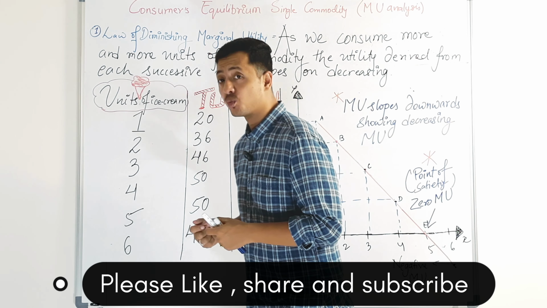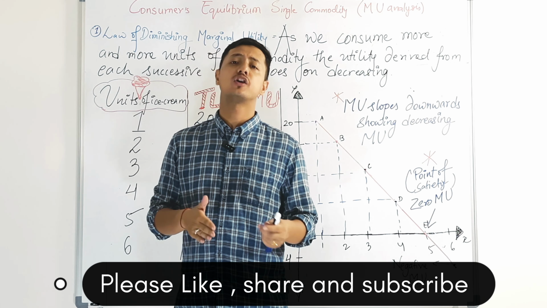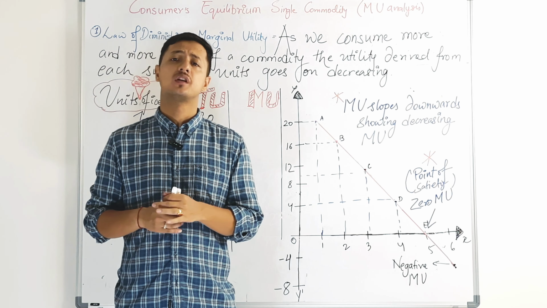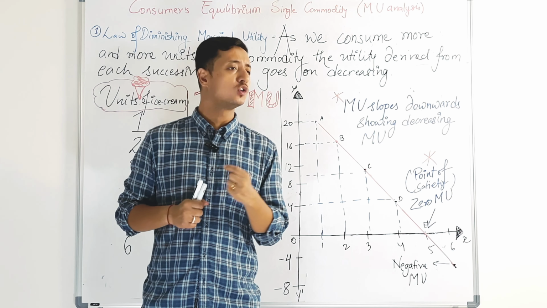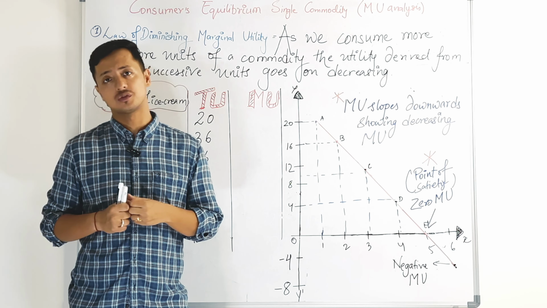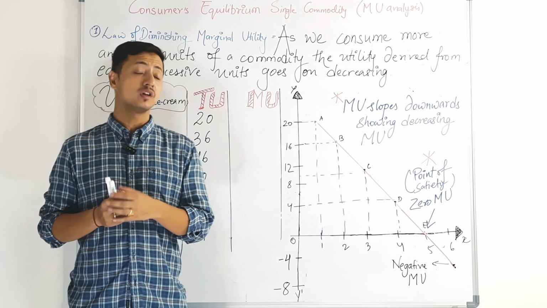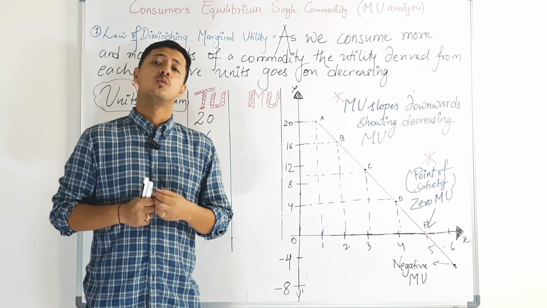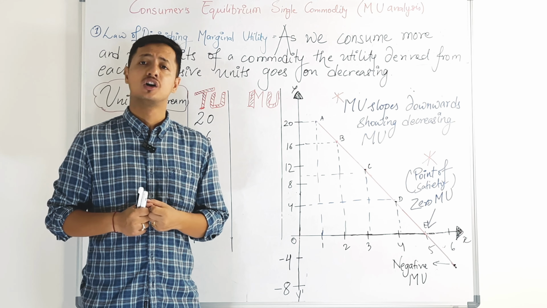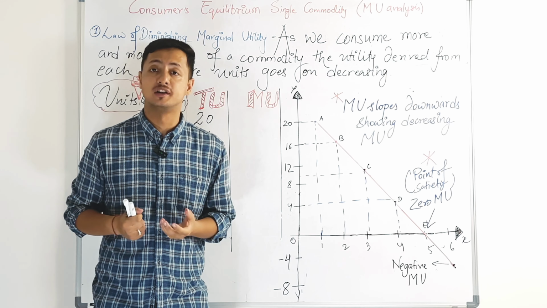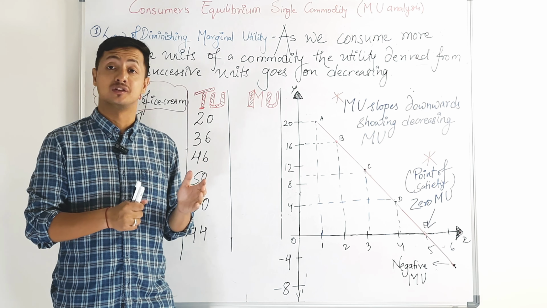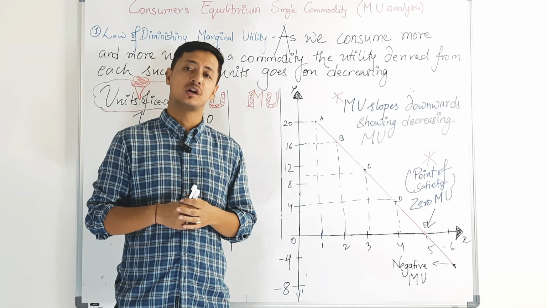Let's say you're walking in the market on a very hot day, feeling very thirsty, and suddenly you are offered a glass of orange juice at 10 rupees. When you have that first glass, you get so much utility or satisfaction from it.